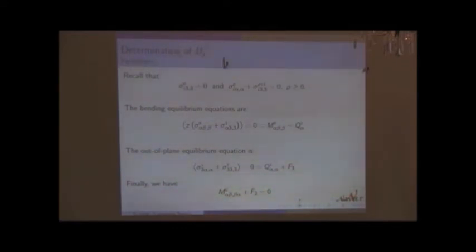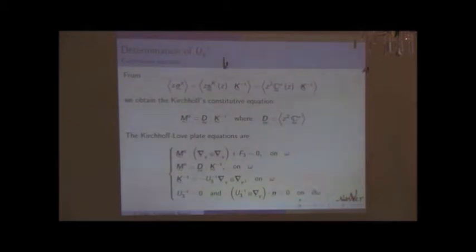So I have resultants, so I have generalized stress. I have the curvature because we've seen it coming out from the asymptotic expansion. What I need is the constitutive equation, and I'm done. The constitutive equation is very classical for those who are doing asymptotics.